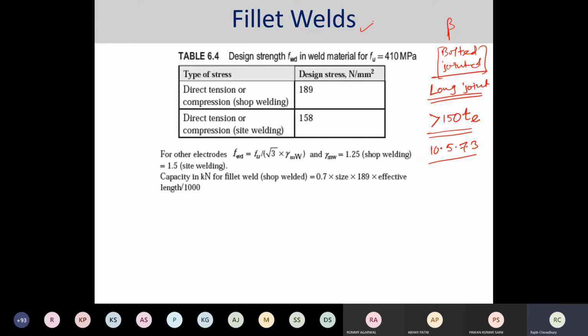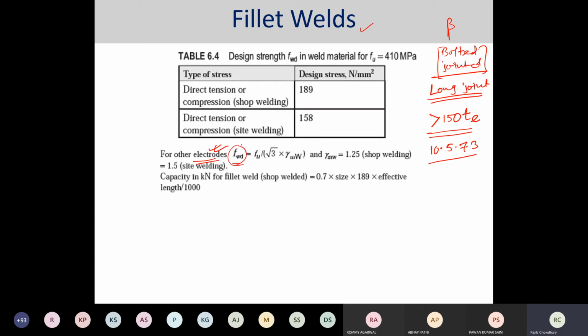Let's say, for example, how to make the design stress for any sort of weld. If the weld material has an ultimate strength of 410 MPa, then for the direct design method, you can calculate the design stress from here. In welding, it entirely depends on which electrodes we are utilizing.